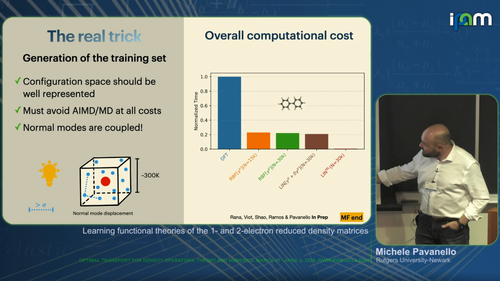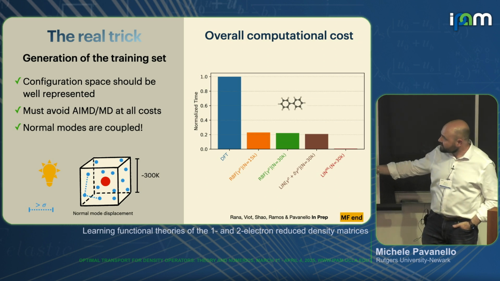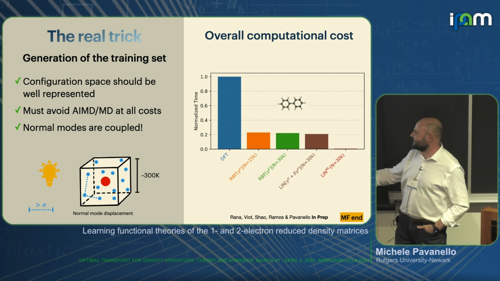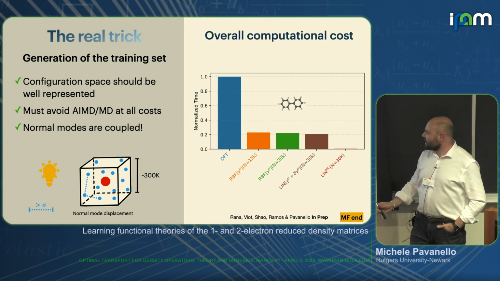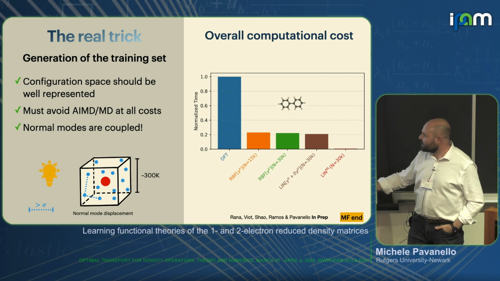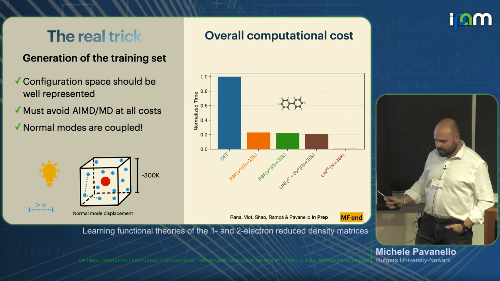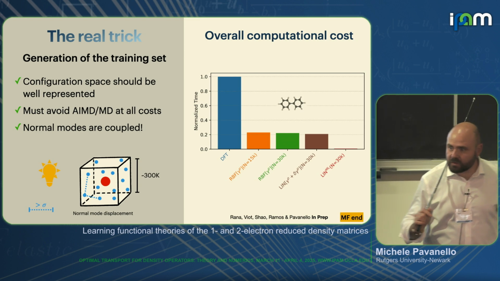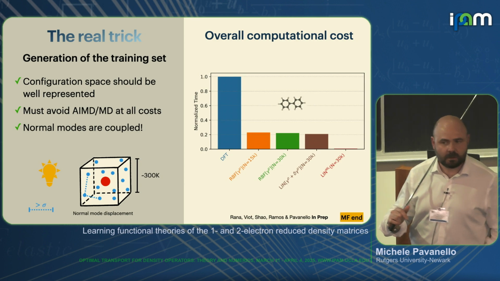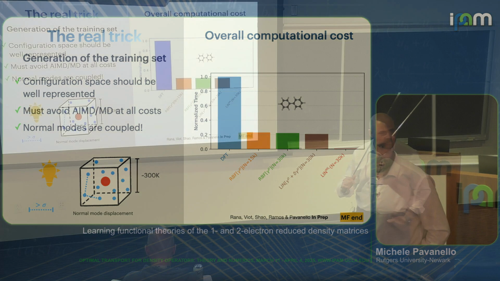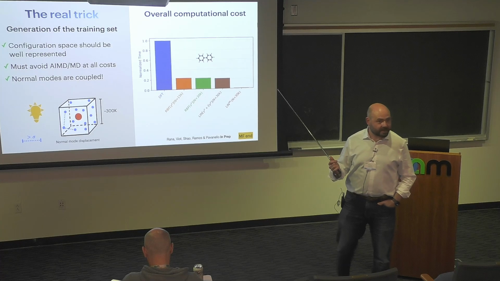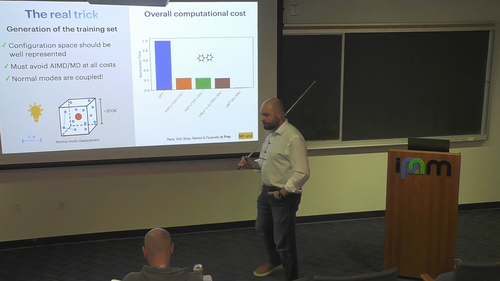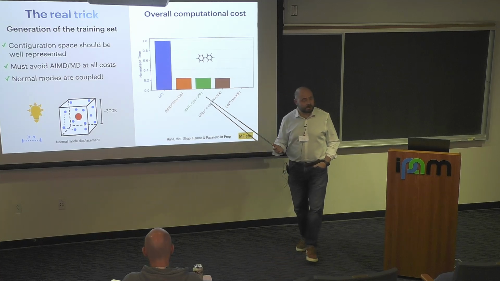Whether I use 15,000 structures or 30,000 structures, the cost is negligibly different, yes? So we have reduced the prefactor. For small molecules like this, that's pretty good. And this is DFT.